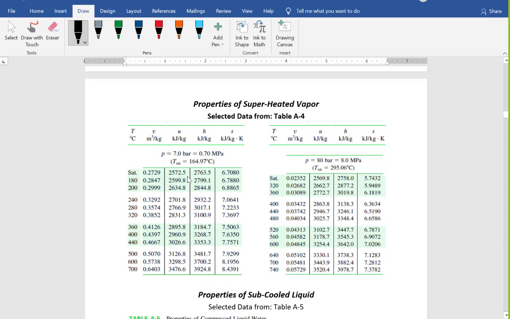So now I go to table A4, where it says properties of superheated vapor. I'm looking for 80 bar, so I find the right subtable here. This tells me something good too, because it says that if it's at 80 bar, the temperature water boils at is 295 degrees Celsius.